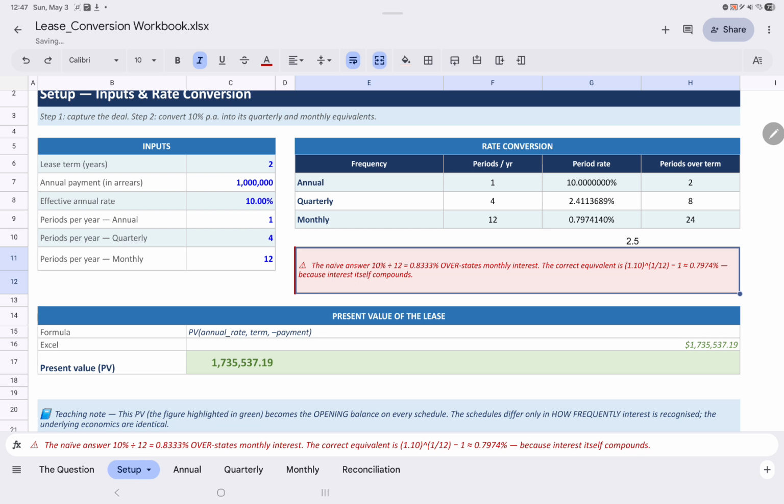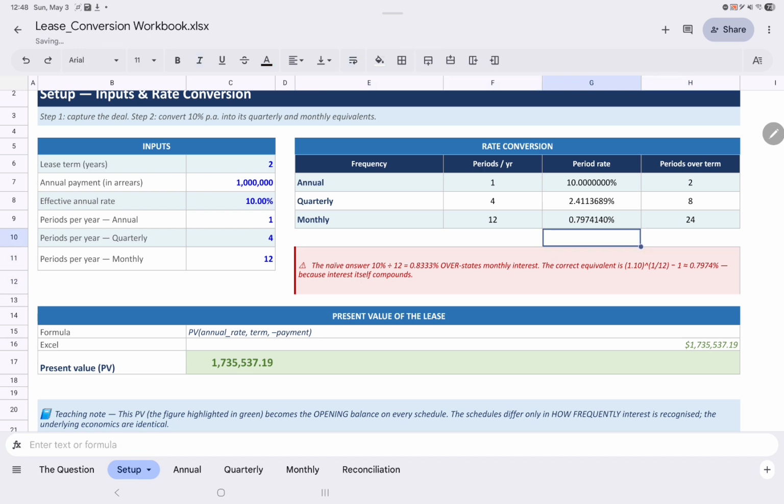But this 2.5, when you compound it, you will get 10.8. But if you compound 2.4, you will get exactly 10.